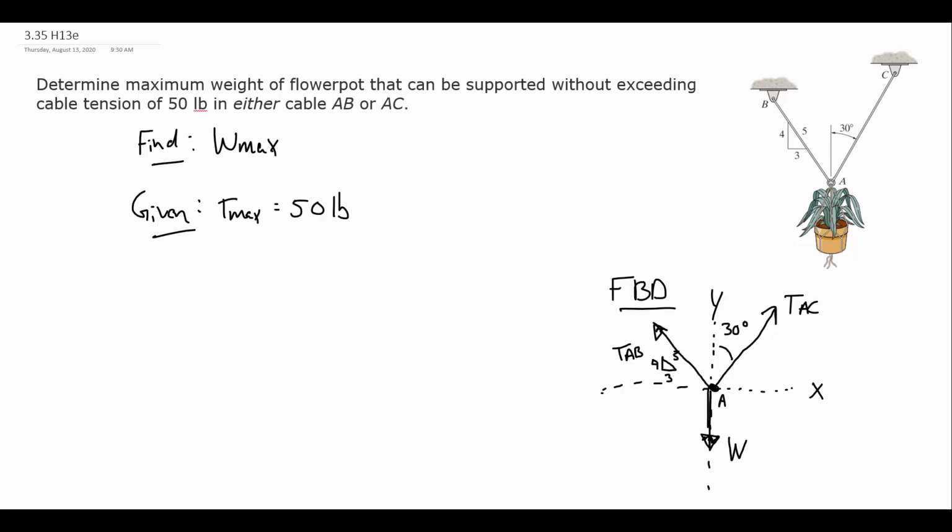It contains labels, in this case TAC, TAB, and W. We don't know any of the values at the moment. And it contains the orientations or the directions. So the 30 degrees is telling us about the orientation for AC, and the ratio triangle is telling us about the orientation or the direction of TAB. And then W is purely vertical, so that's indicated here because it's on that axis.